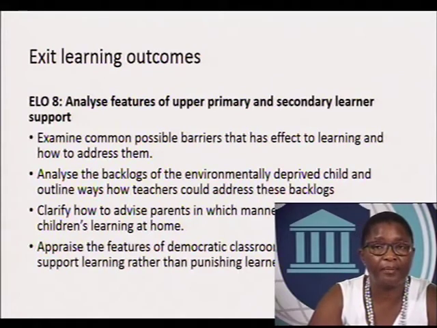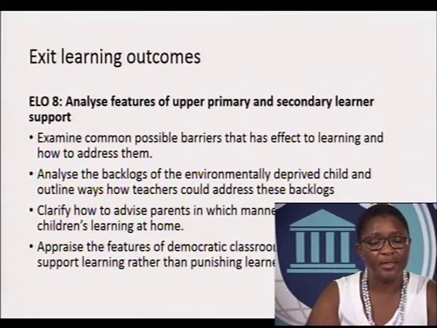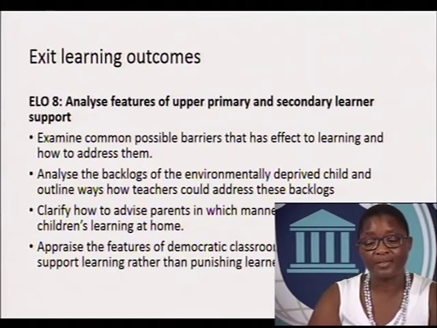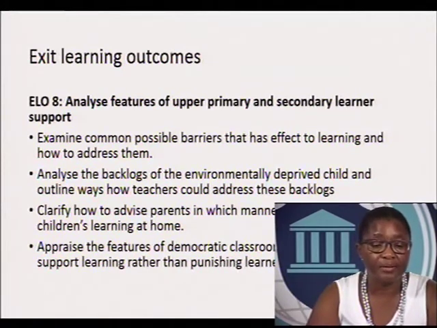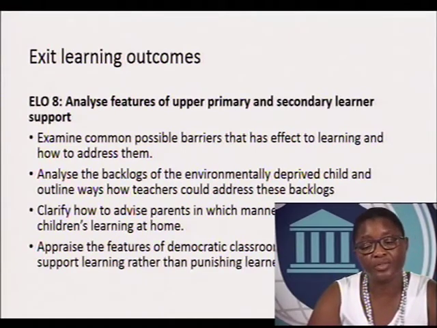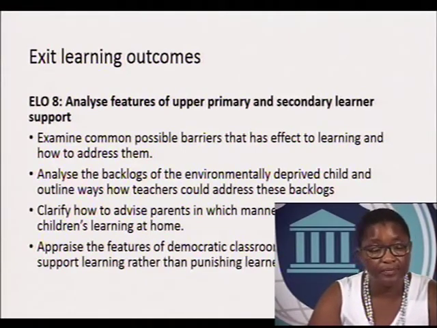Analyze features of upper primary and secondary learner support. We are looking at questions like: examine common possible barriers that have an effect on learning and how to address them. Analyze the backlogs of the environmentally deprived child and outline ways how teachers could address these backlogs.